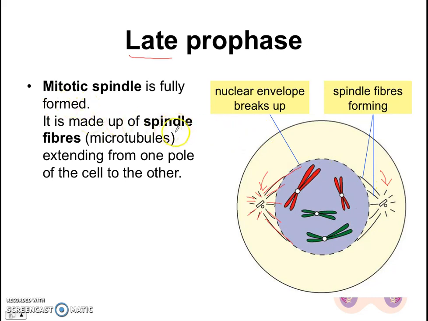So the mitotic spindle here is fully formed and is made out of microtubules or spindle fibers, which extend from one pole of the cell to the other. So if I just draw it out, you'll see microtubules extending out this way from one pole of the cell towards the other.